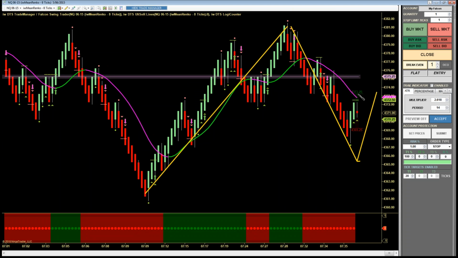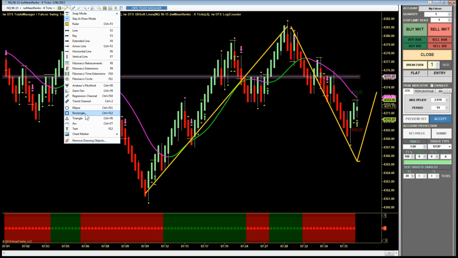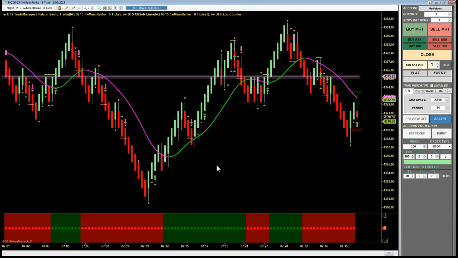If this fails, goes back up now and prints a buy signal, a trend change signal to the upside, well then this will have been a much larger test of the extreme. So we have our little ones, but we also got this, potentially, this great big one building. I know, sometimes it can be a little bit difficult to spot.